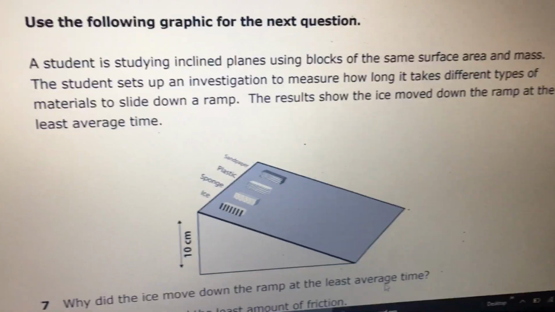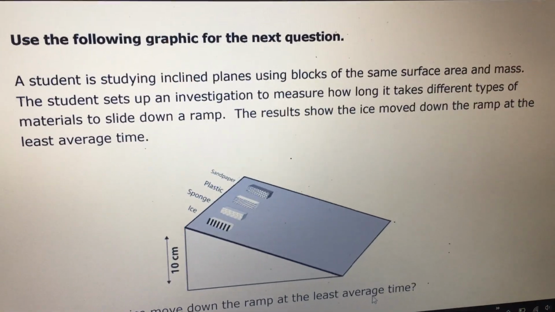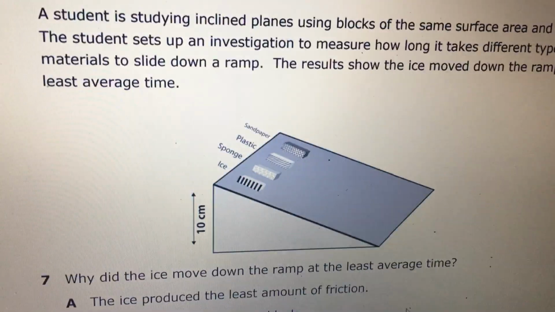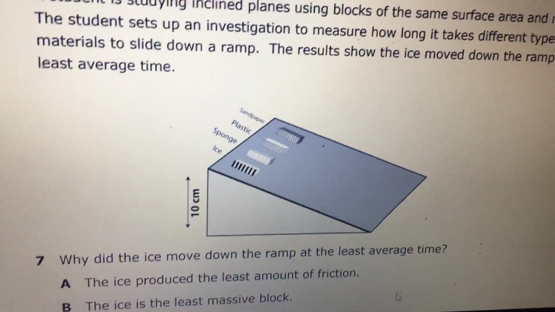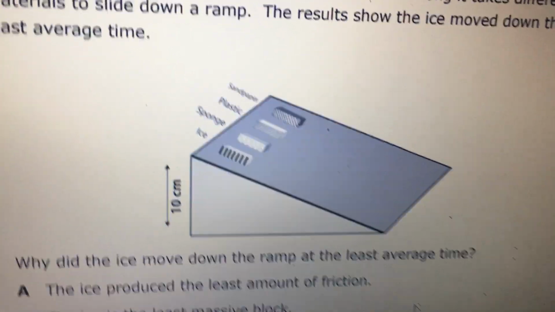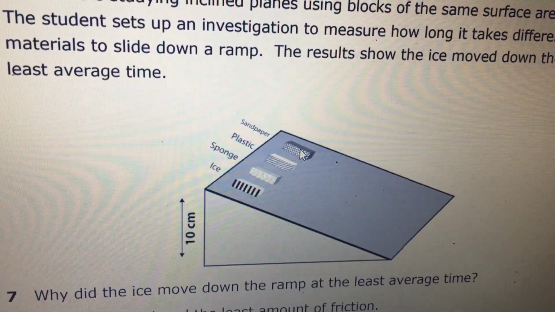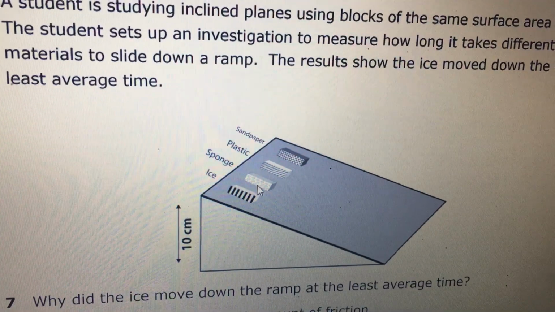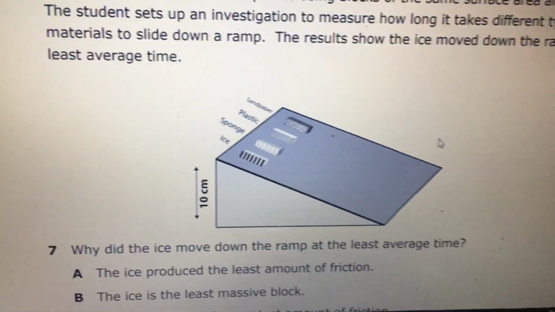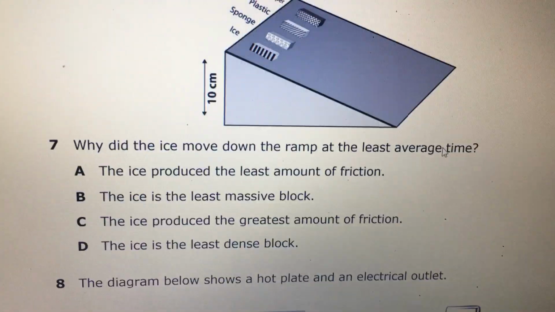The results show the ice moved down the ramp at the least average time. And the question actually asks, why did the ice move down the ramp at the least average time? If you can see here, there is a sample of sandpaper going down the ramp, plastic, a sponge, and ice. So why did the ice go down in the least average time?